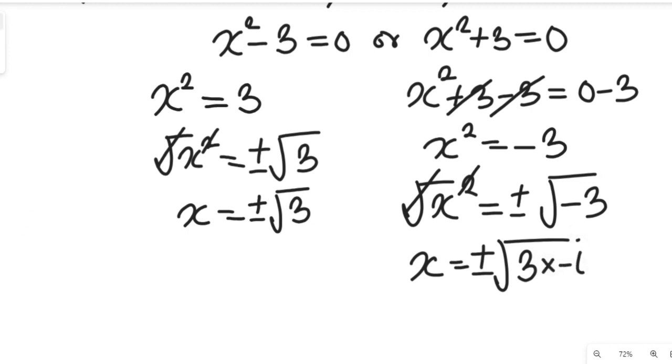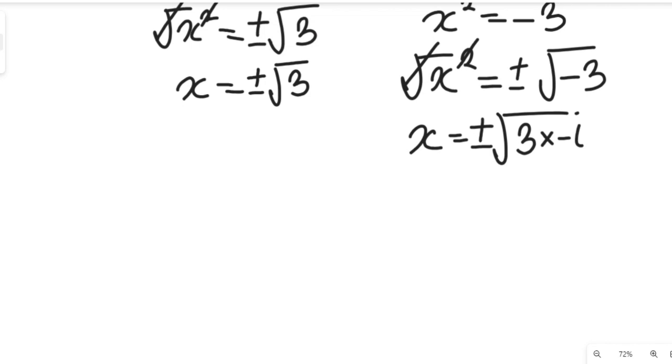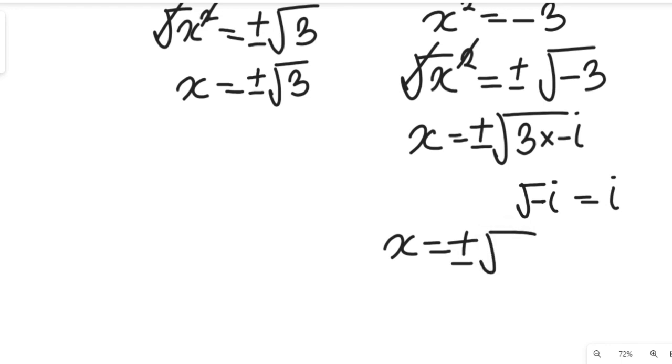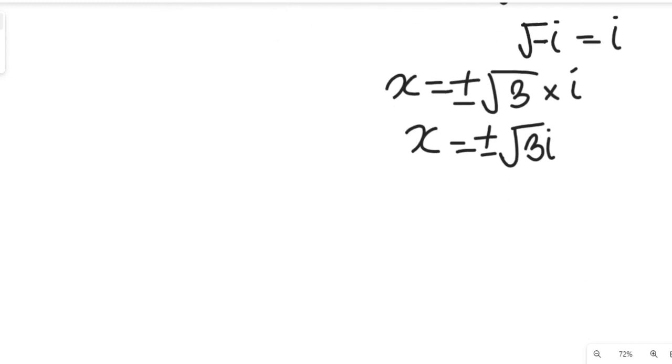And remember, according to the complex number, the square root of negative 1 is equal to j. So our x will be equal to plus or minus square root of 3 multiplied by j. So we have two values for x.